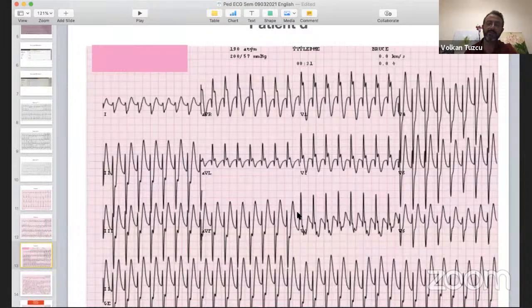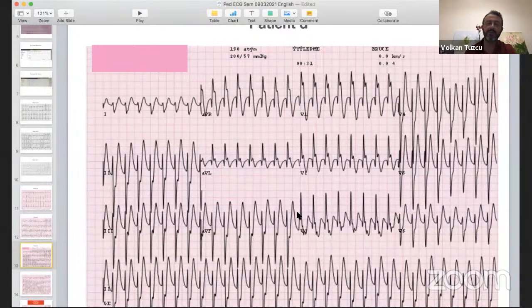VT is still a possibility. Left-sided Maheim is possible, but it's a very rare entity. I have only seen a handful of cases so far. So it is possible, but very rare. Therefore, VT comes out as one of the major possibilities. Anyway, these are the possibilities.